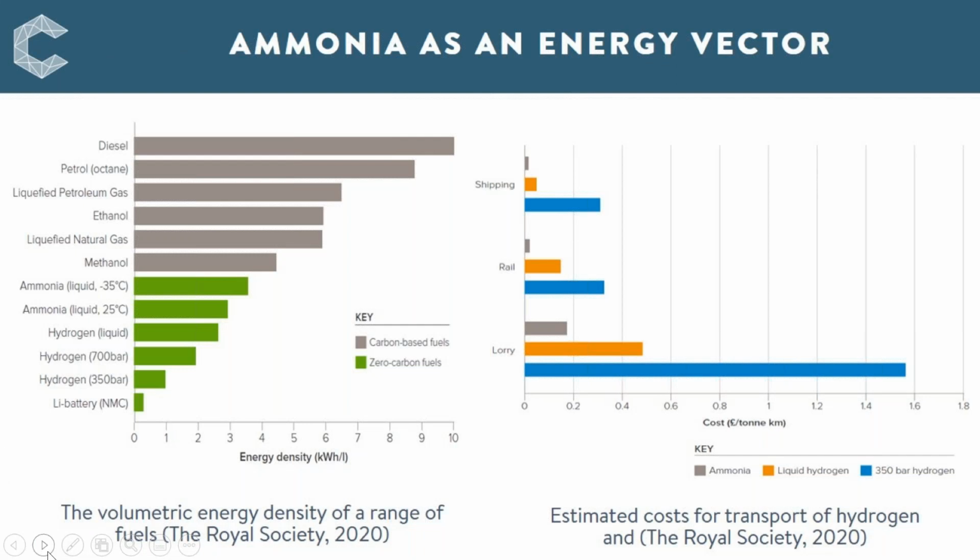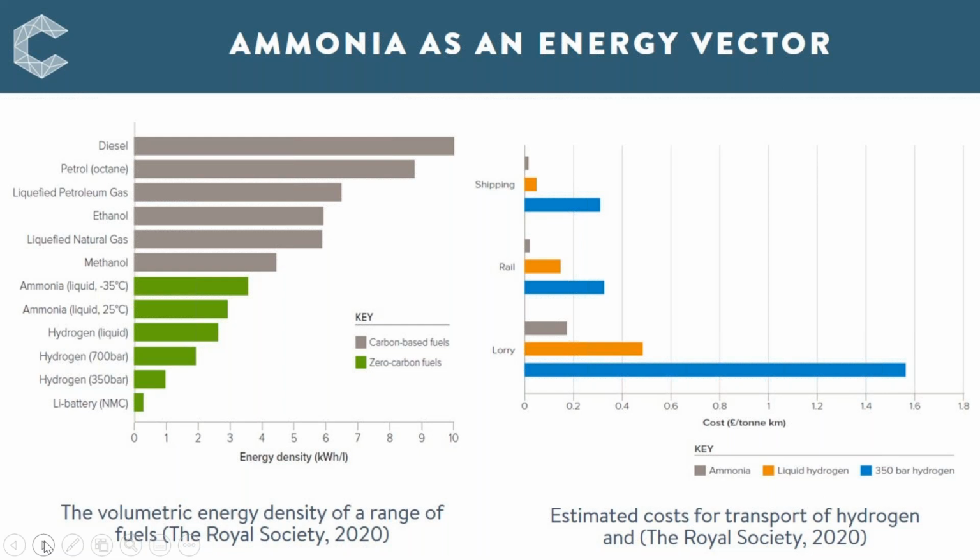So why use ammonia? Ammonia can be easily liquefied under mild conditions, either by compressing to 10 times atmospheric pressure or cooling to -30 degrees C, which are similar properties to liquefied natural gas.